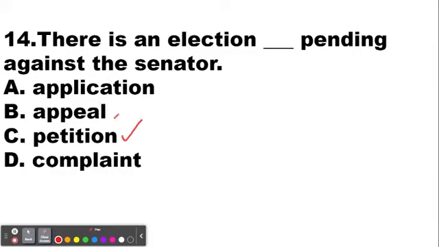Appeal is when a court has already given judgment and you go to the higher court to make an appeal, but this is when you lodge a complaint about some electoral malpractices against the senator, so there is an election petition pending against the senator. That's the correct option.